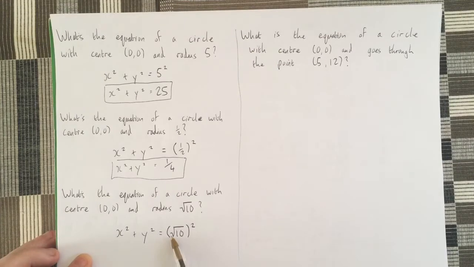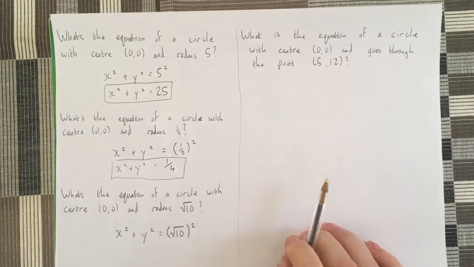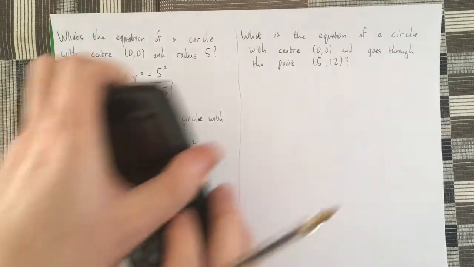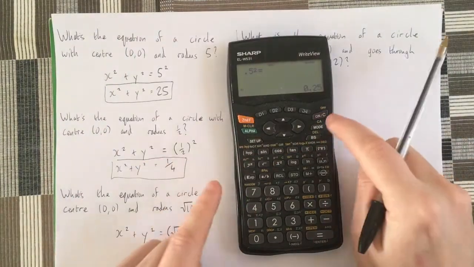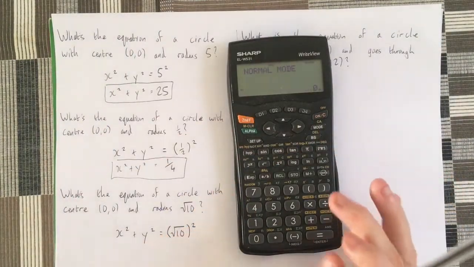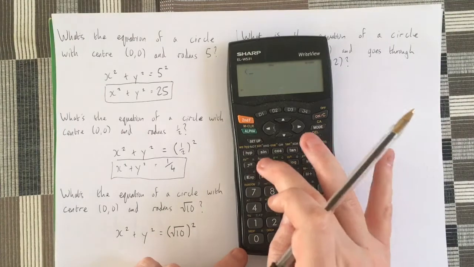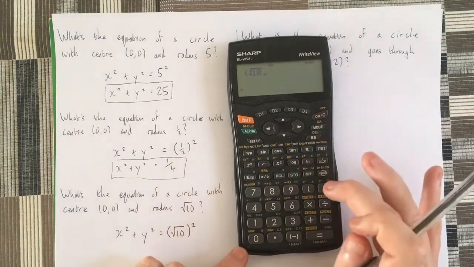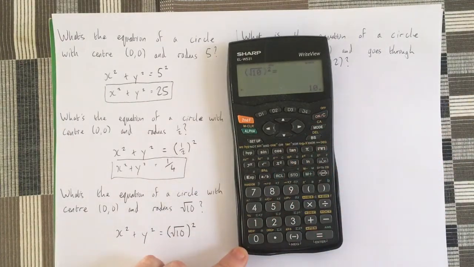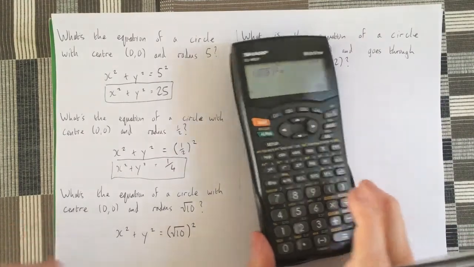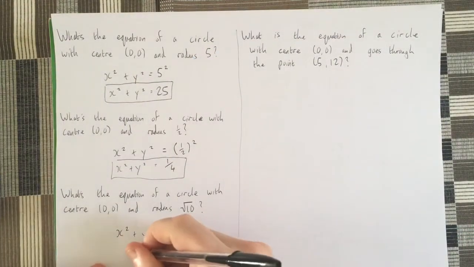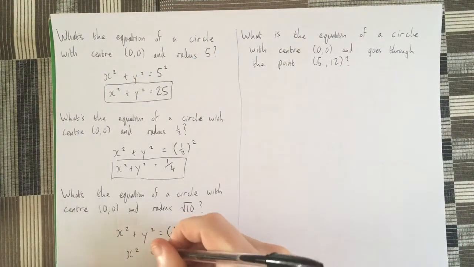The square root of 10 squared is just 10. The square root and the square cancel each other out. Again, if we're not too sure, or if we're in an exam, we just want to doubly check, just put it into the calculator. The square root of 10 squared is just 10. So x squared plus y squared equals 10 is your answer there.